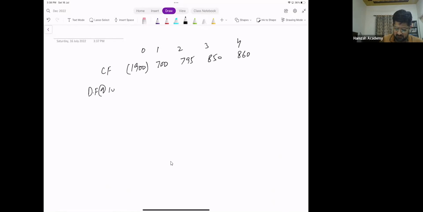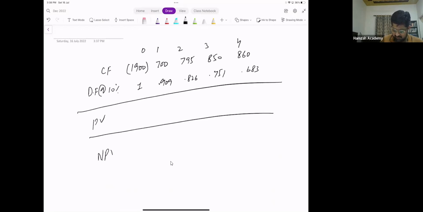Discount factor is 10%. We have to calculate its NPV. Calculate present value and tell me its NPV. Be quick, everyone. NPV of the project.